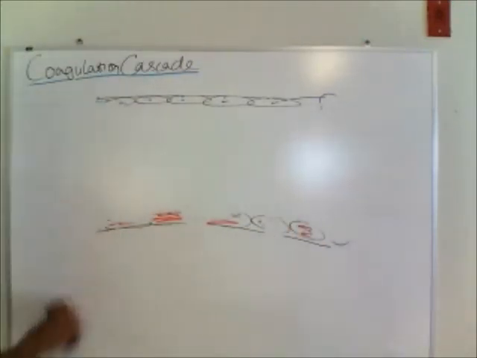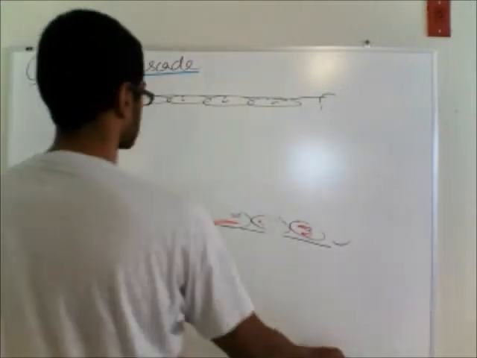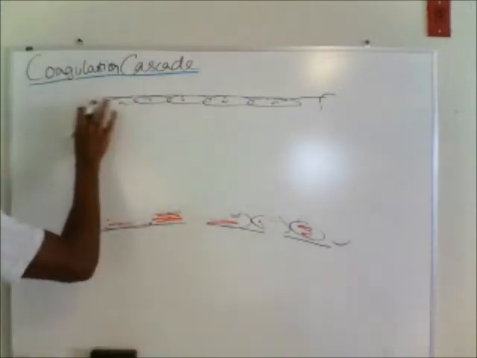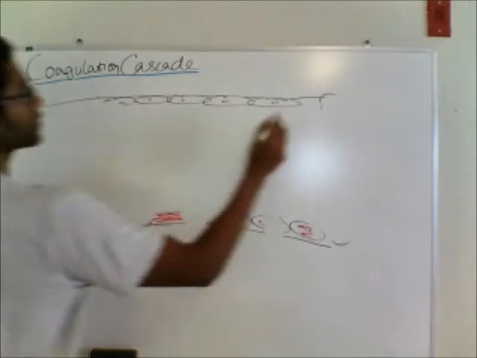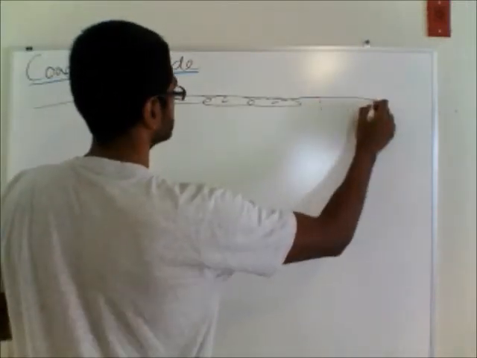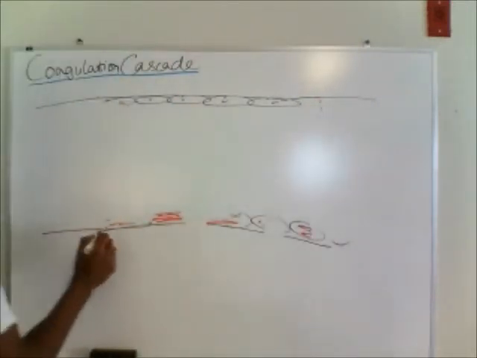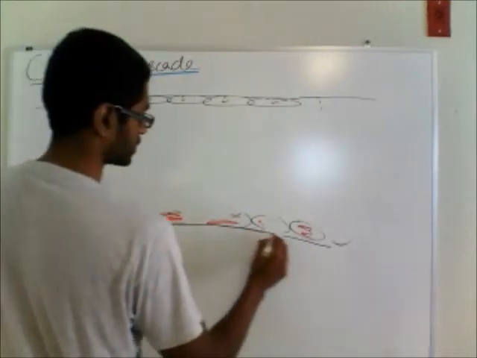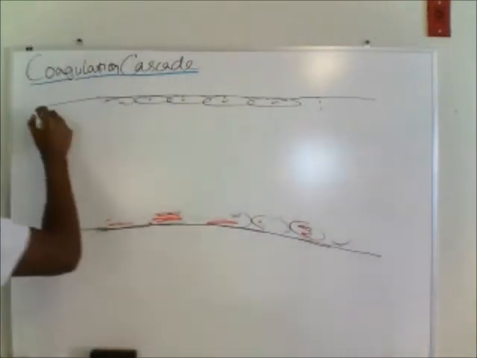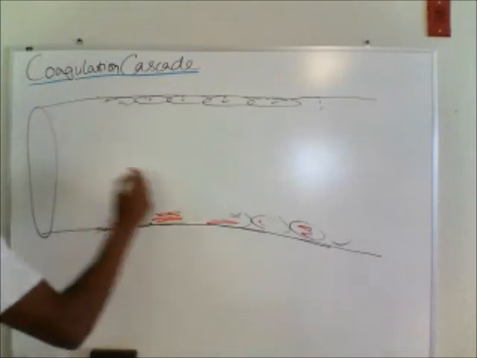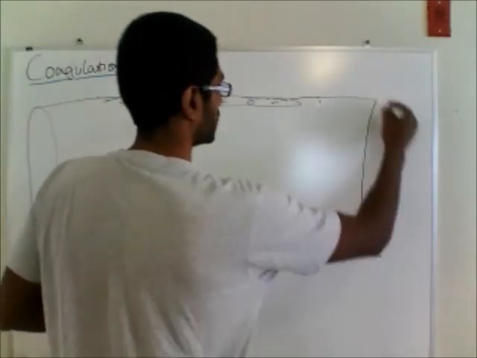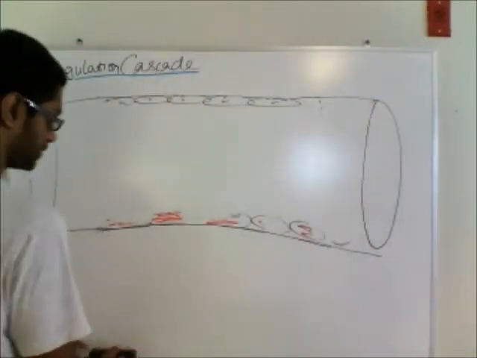So get ready for your checkbox. Make sure you're checking these things as I go through it. The first thing I'm going to talk about is constriction. Get your pen out and get ready to check that off.